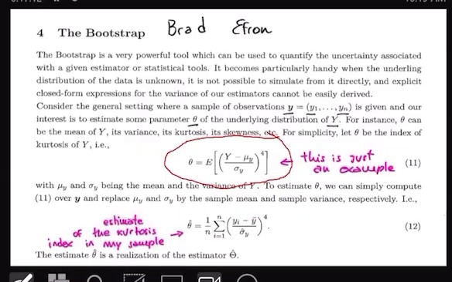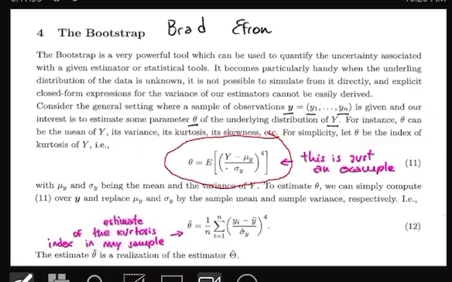What about a situation where it is unknown, or it is known, but the variance of the estimator is complicated? Now, if I want to estimate from a sample, equation 11 is the parameter theta.